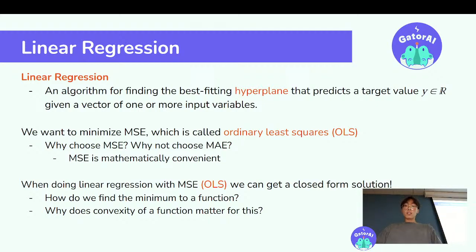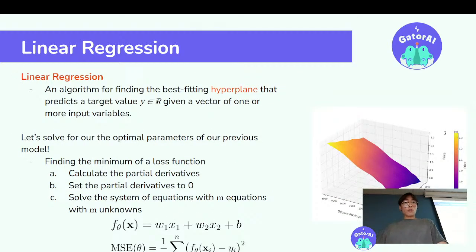So we're actually going to go through the math on how you find the best parameters here, shortly. We want to solve for our optimal parameters, with m equations and m unknowns. The process is we have our loss function, which measures the error that our model is making, and we want to find the minimum of this function.